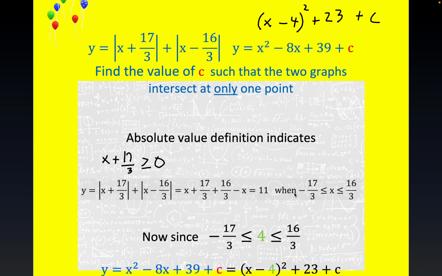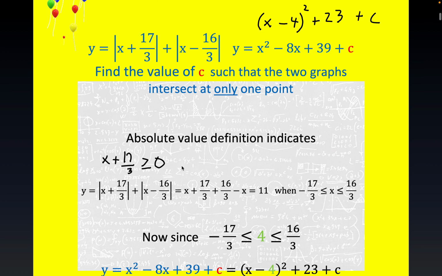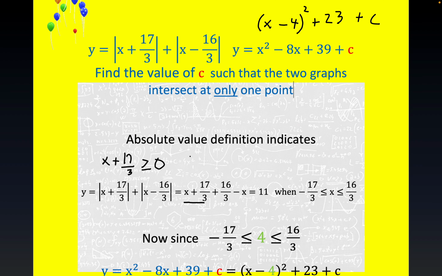So x is trapped between where this touches the x-axis and where this touches the x-axis, the x-intercepts. That means its absolute value is just x plus 17 over 3. It's already positive, right? But x minus 16 thirds is less than or equal to 0.